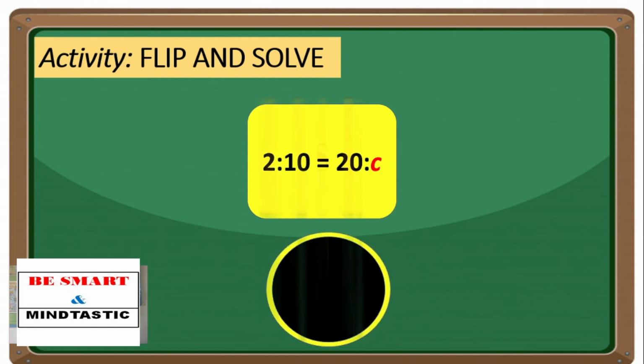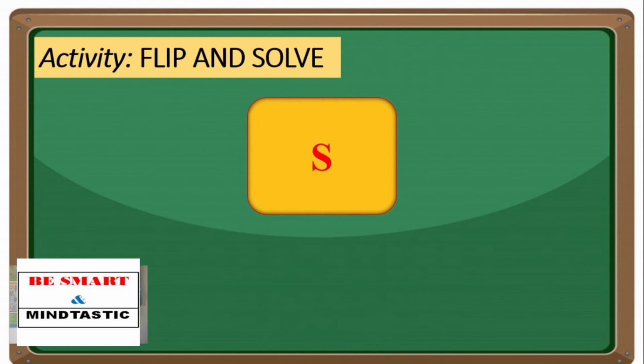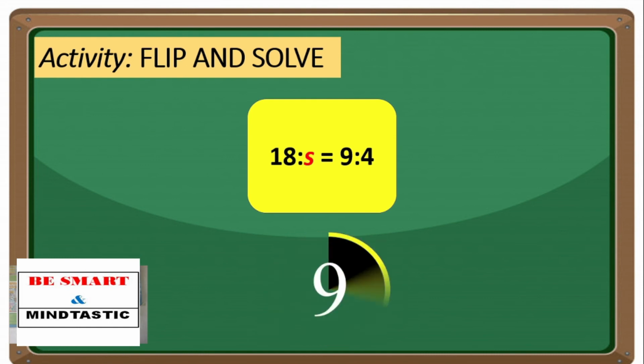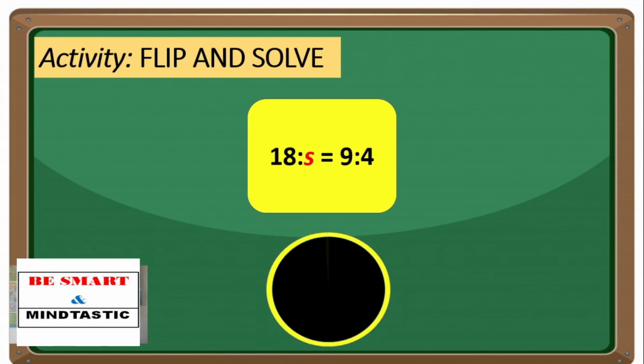And last but not the least, we have letter S. 18 is to S as 9 is to 4. So your time starts now. Time's up. Okay, thank you, class.